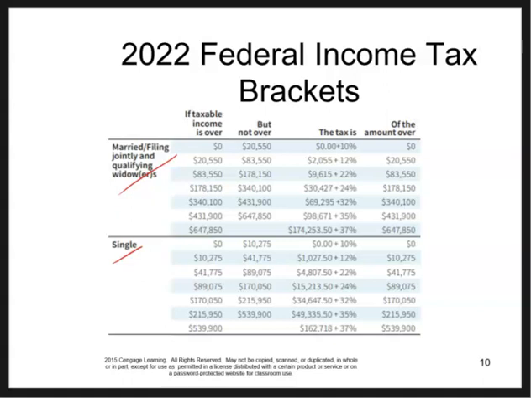If we go down here to taxable income, if your taxable income is between $83,550 and $178,150, you're going to pay $9,615 plus 22% of the amount over $83,550.